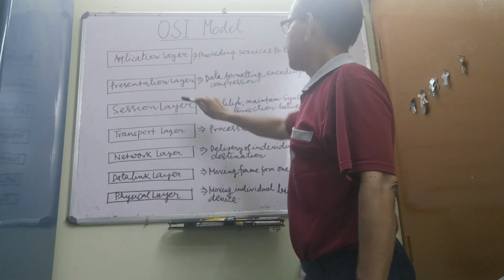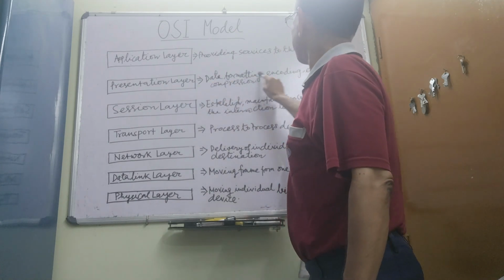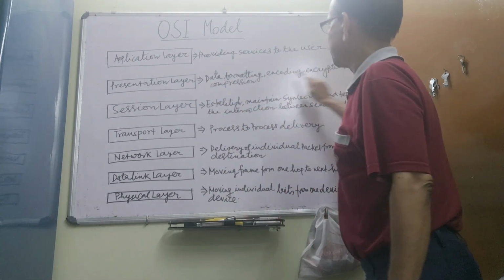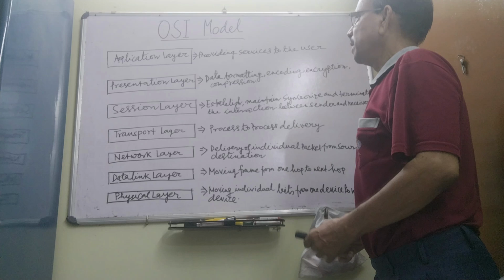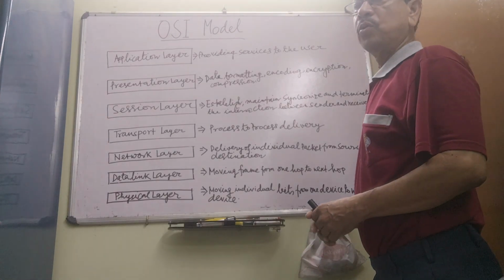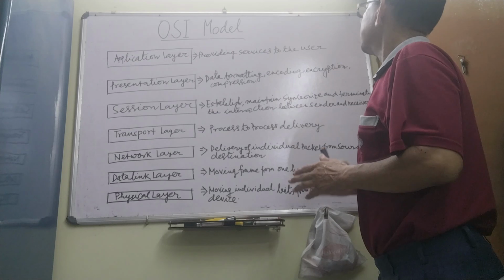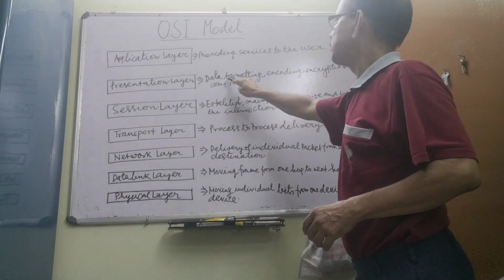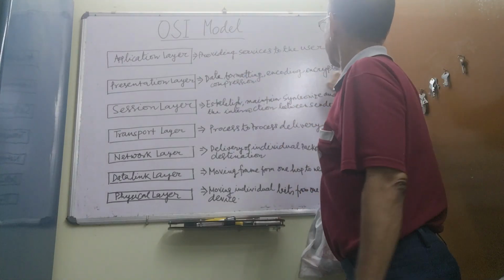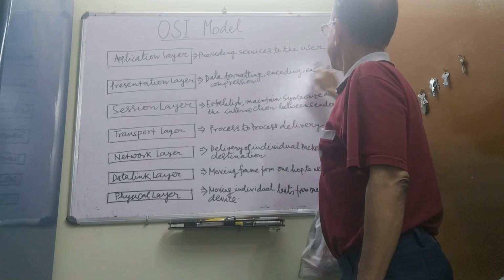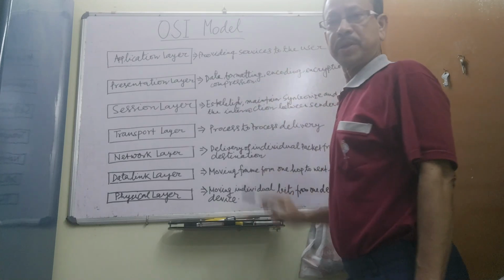Presentation layer: data formatting, encoding, encryption, and compression. Here, how the data will transfer with security, it is responsible for data formatting, encoding, encryption, and compression.